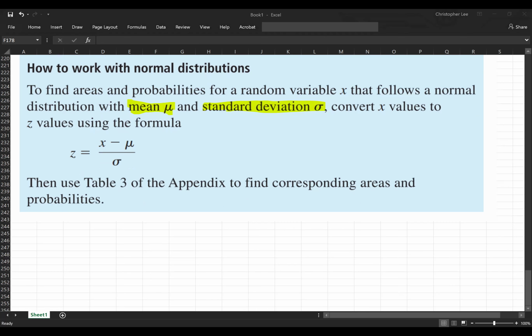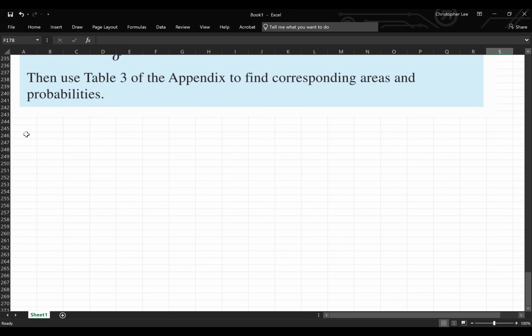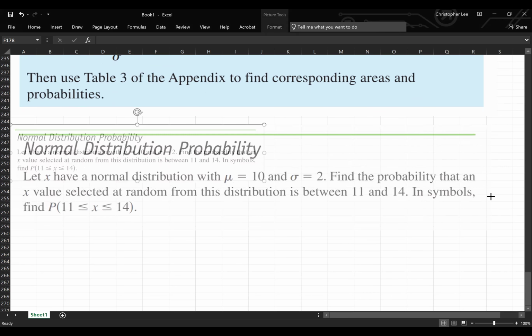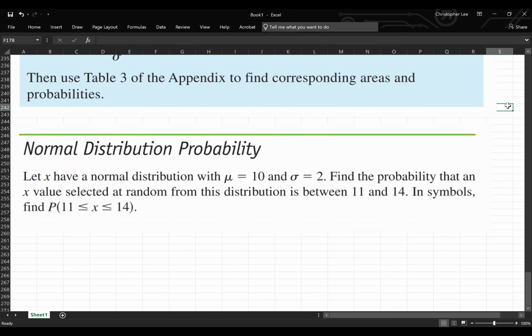I got you. So let me show y'all something. So here goes an example. Let's say we're looking for a normal distribution probability.